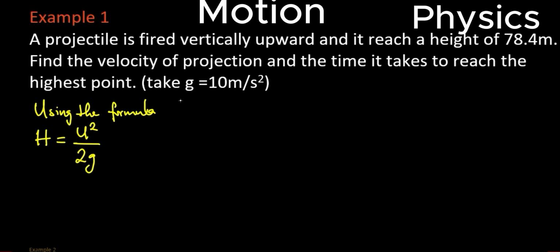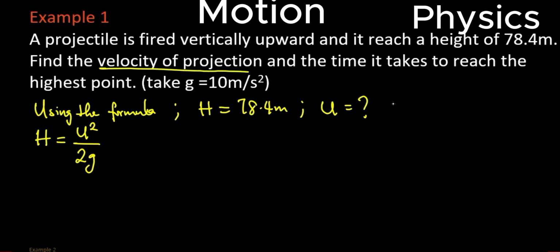Using the formula h is equal to u squared over 2g, the formula we have gotten earlier on, h is equal to 78.4 meters. Now u is what we are looking for, that's the velocity of projection, which is the initial velocity. Acceleration due to gravity is 10 meters per second squared.